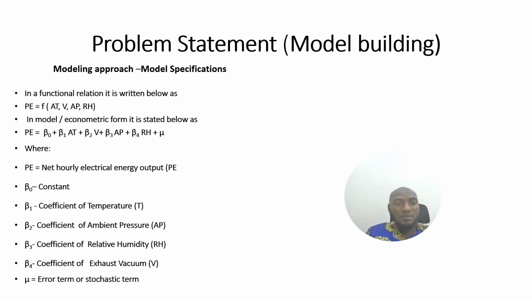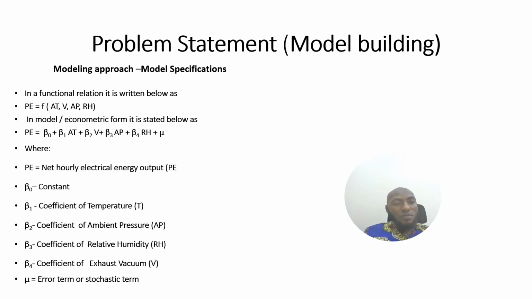In the model building problem statement, we have the model specification. As shown below, in a functional relation, this model can be written as PE being a function of AT, V, AP, and RH.